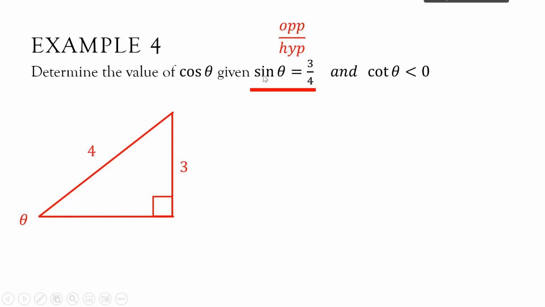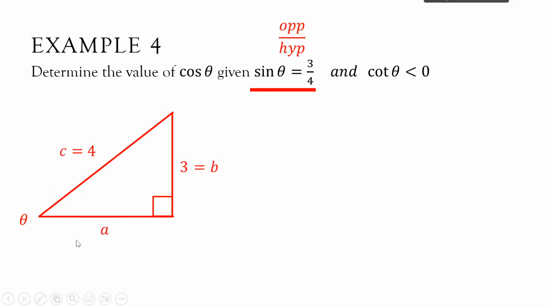So this is just using my right triangle definition for my trig functions. If I have this third side, then I can find all of my trig functions. In particular, I'm missing the adjacent side.